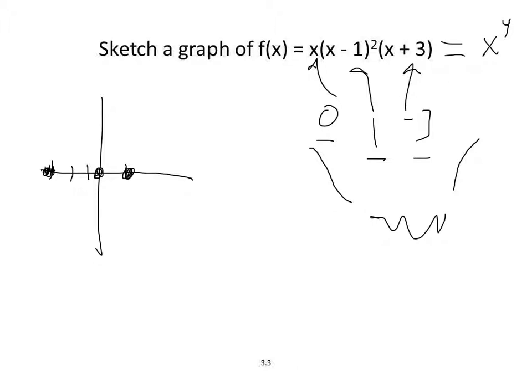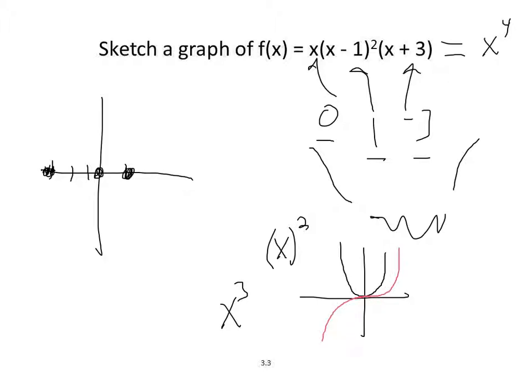What you've got to think about is, if I have just x squared, that comes down and kisses the x-axis at x equals 0. And if I have x cubed, let me go to red ink, that wiggles through the x-axis like that.